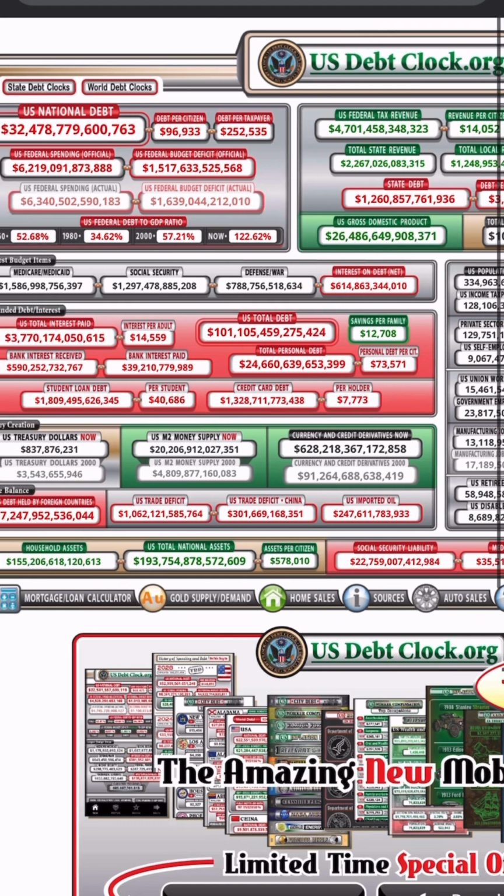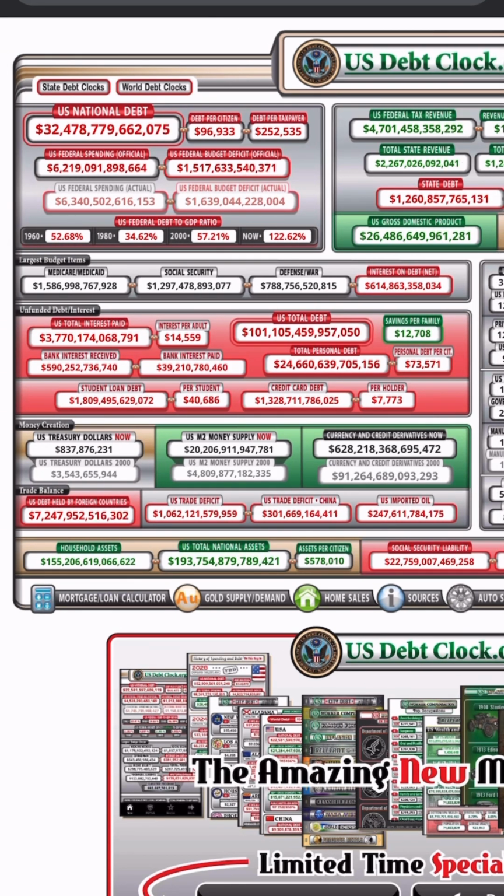This is something that I look at a couple times throughout the year, just to see what the state of our economic level is in the United States, or where we're at throughout the year, and it gives me a little bit of insight to draw a conclusion about the direction in which this country is going.